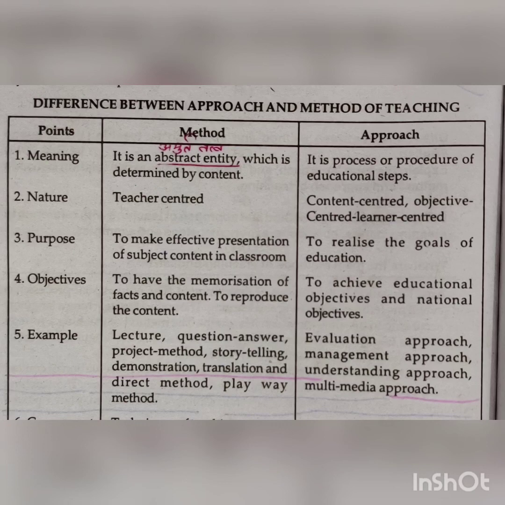And the second point, in terms of nature: content centered, objective centered, learner centered. The third point, in terms of purpose: to realize the goals of education. Number four, objectives. So what is the objective of approach? To achieve educational objectives and national objectives.